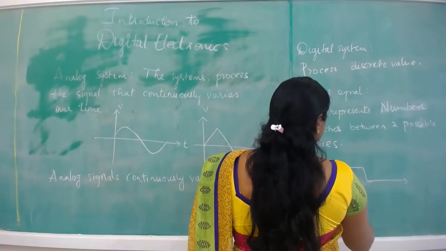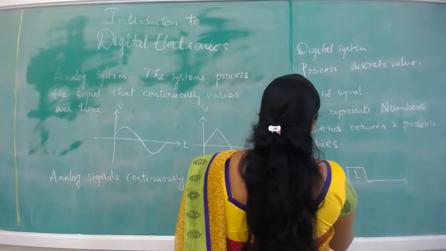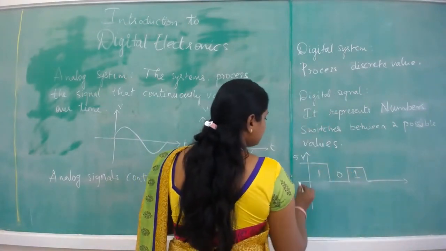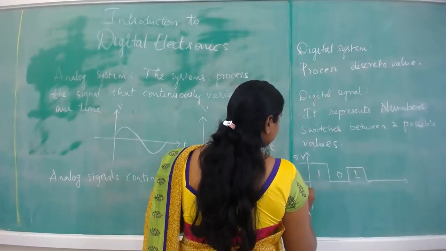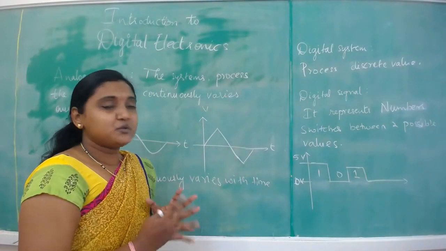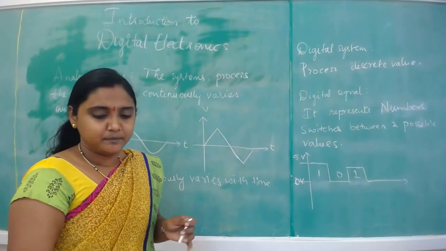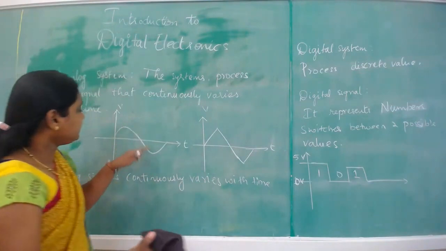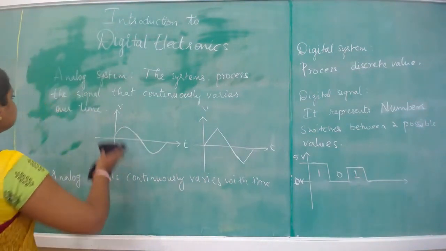This is represented by 1, this is represented by 0, this will be represented by a different voltage level, and this will be represented by a different voltage level. So here the values will only switch between two different voltage levels, and here the voltage will be continuously varying.